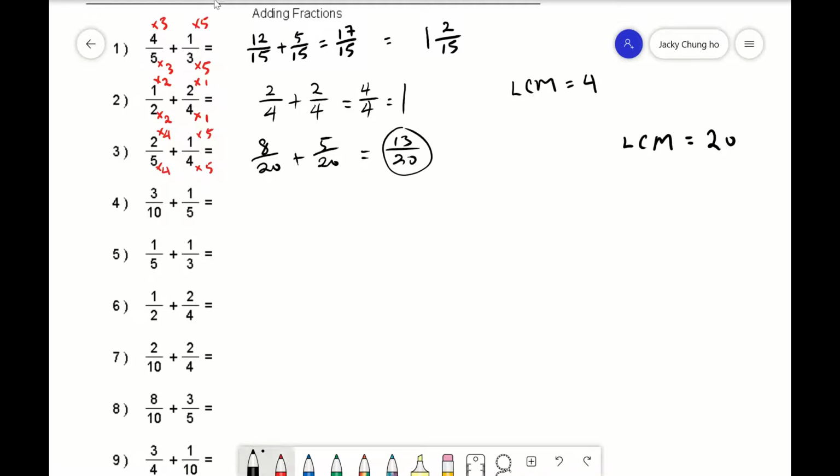Number 4, the LCM between 5 and 10 is 10. So the first fraction will remain as it is, or you can multiply by 1. For the second fraction, you will have to multiply by 2.